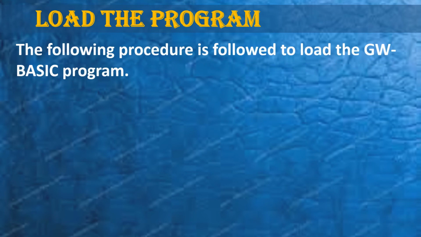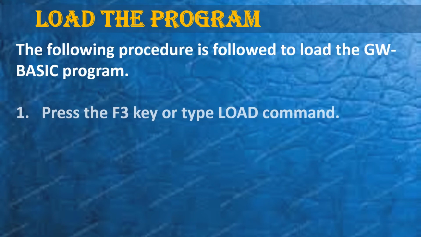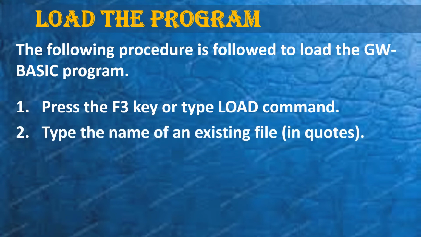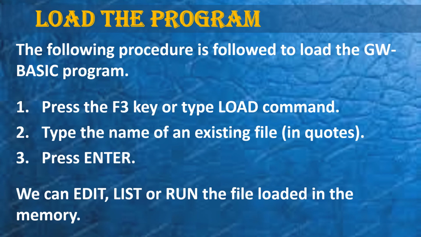The steps to load GW-BASIC programs are: press the F3 key, the function key, or type the LOAD command. Type the name of an existing file in quotes. Press enter. Now if our program is loaded, we can edit, list or run the file loaded in the memory, and we will discuss the edit and list commands later.